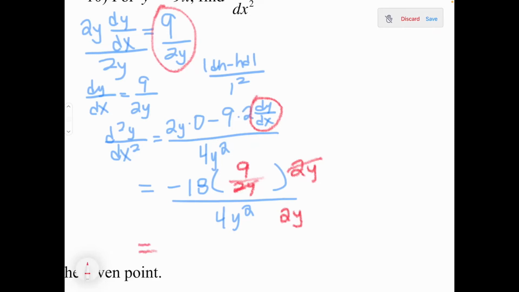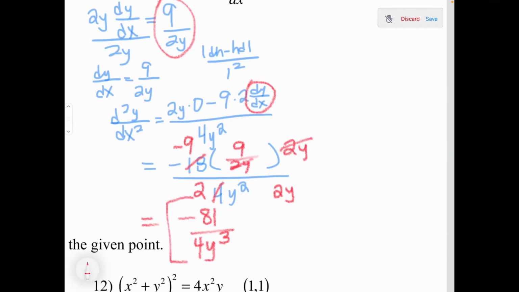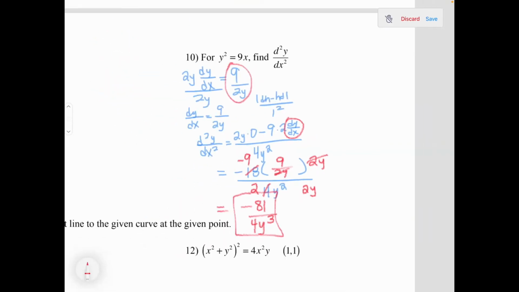And then we can do the negative 18 over 4 first. That's going to make our multiplication a little bit easier. Negative 18 is divisible by 2, and 4 is divisible by 2. So we end up with negative 9 times 9 is negative 81 on top. And 2 times 2y times y squared would be 4y to the third power would be our final answer for the second derivative, negative 81 over 4y to the third.